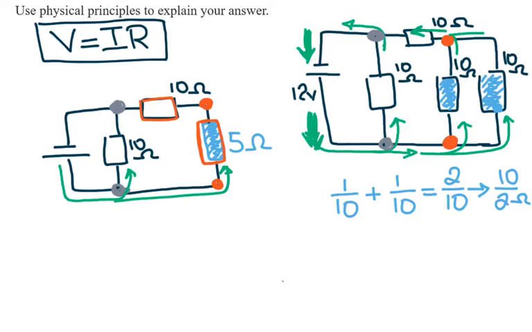Current is measured in amps, and we're going to say they are aliens. Some of the aliens will go this way. They will pass through this bridge, join the other aliens that went the other way, join them here, and all of them will come back right here. So when they pass over the bridges, they have to pay.